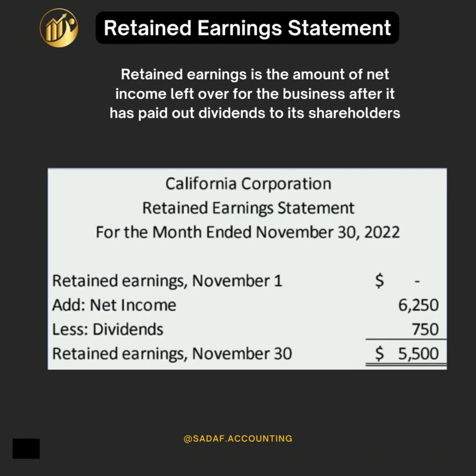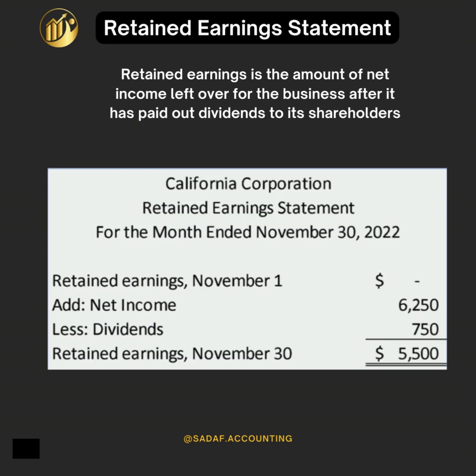The retained earnings statement shows the amount of net income left over for a business after it has paid out dividends to its shareholders. Notice we have a proper title, the who, what, and when. We have our beginning retained earnings on November 1st, which is 0, since we are assuming the company just started operations on November 1st. We add in net income.